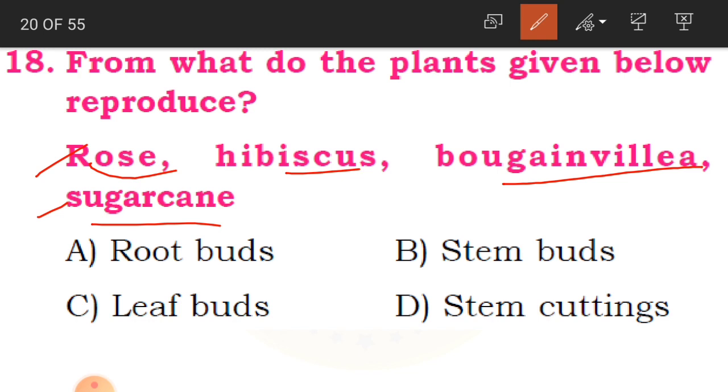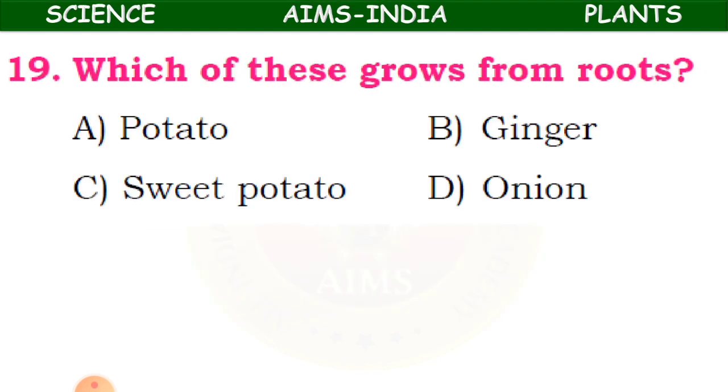Whether from root buds, stem buds, leaf buds, or stem cuttings. What we learned, children, is that rose, hibiscus, all these plants can be reproduced by stem cuttings. Clear, children? So D option is the correct answer.